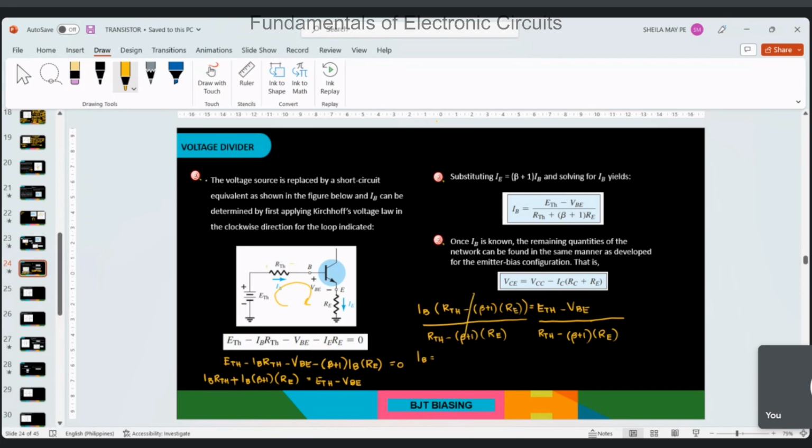IB equal to ETH minus VBE over RTH plus beta plus 1 RE.